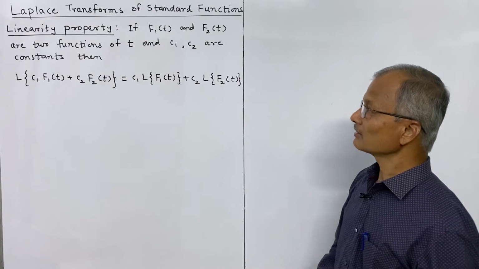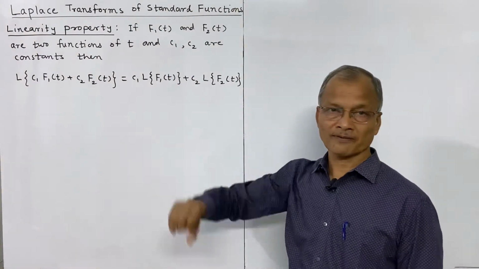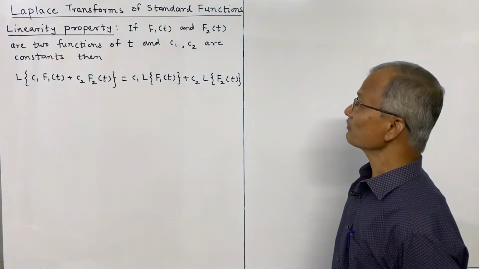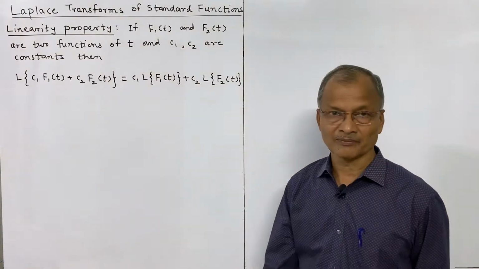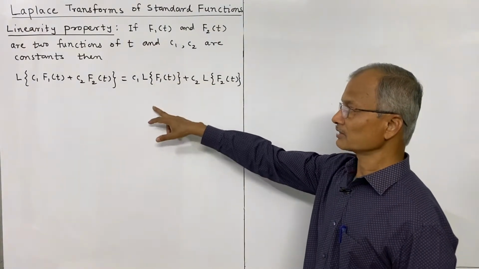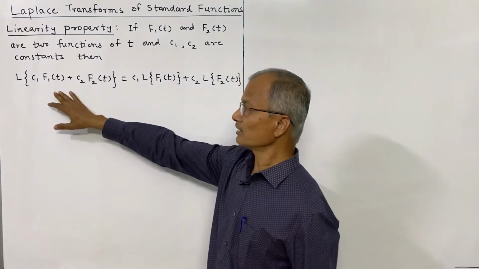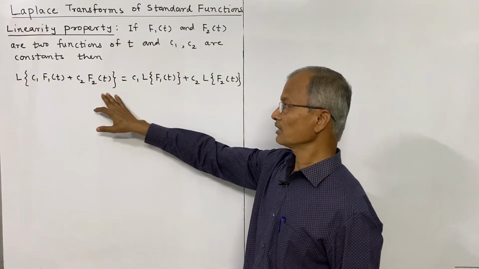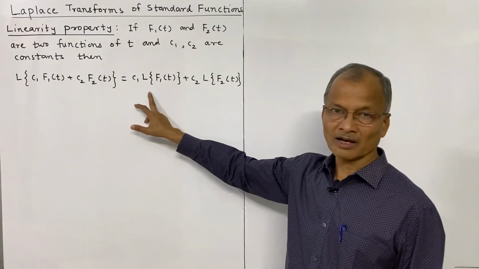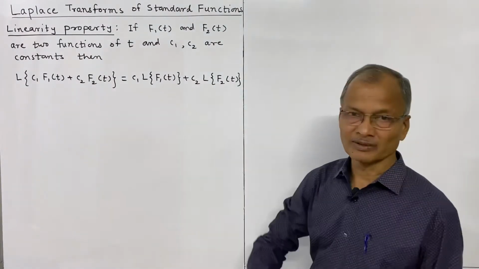I have written the property here. The property is: if f1(t) and f2(t) are two functions of t and c1, c2 are constants, then L of c1 f1(t) plus c2 f2(t) is equal to c1 L of f1(t) plus c2 L of f2(t).